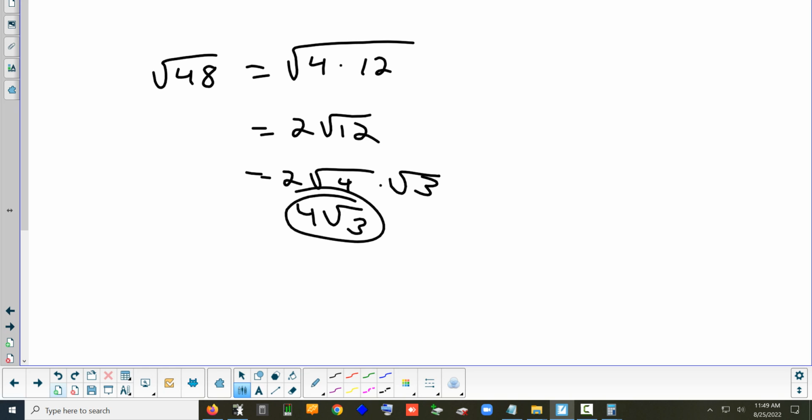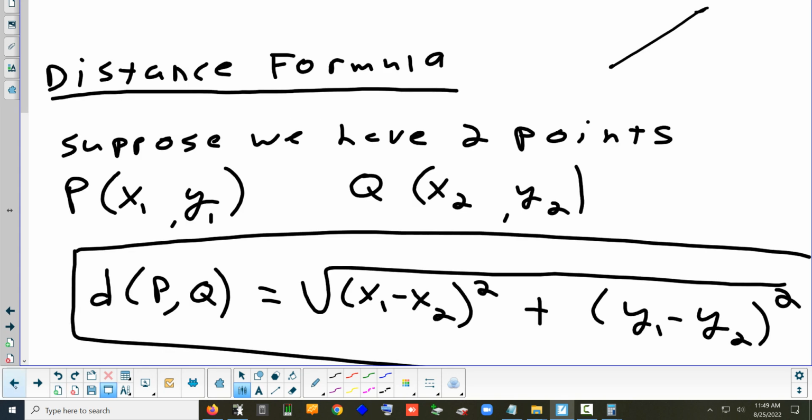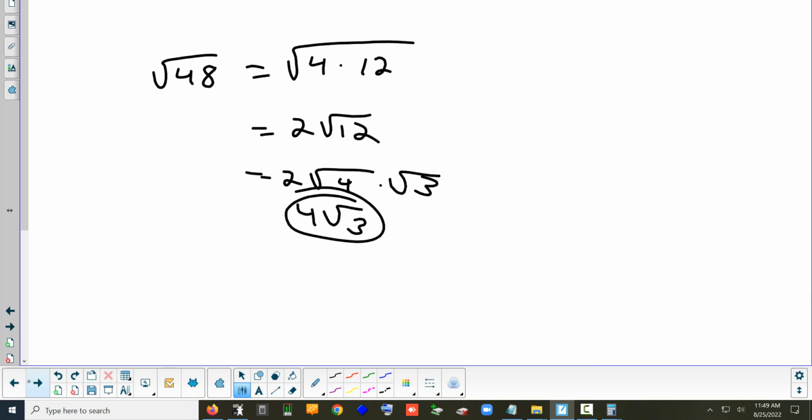If I had just found a bigger perfect square that went into 48 to begin with, I could have done that in one step. I could have done 16 times 3, and that would have done this whole problem in one step. You don't have to do it in one step. You do have to get to the simplest result you can in one step or 2 steps or however many you need. Wait, wouldn't 16 times 3 be 2 steps?